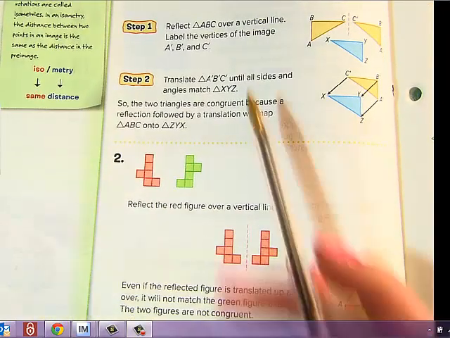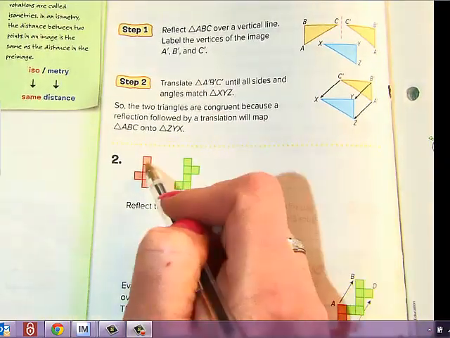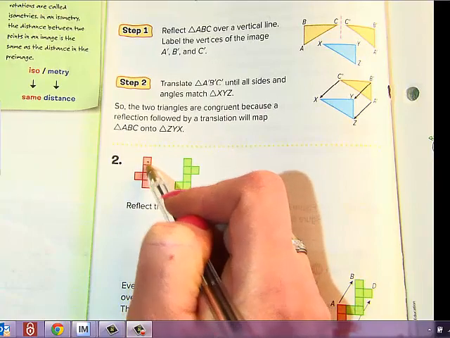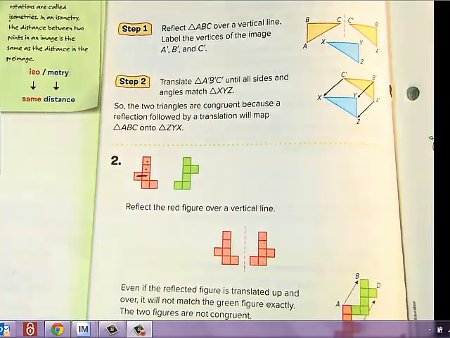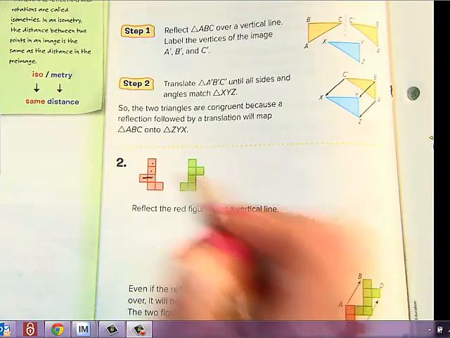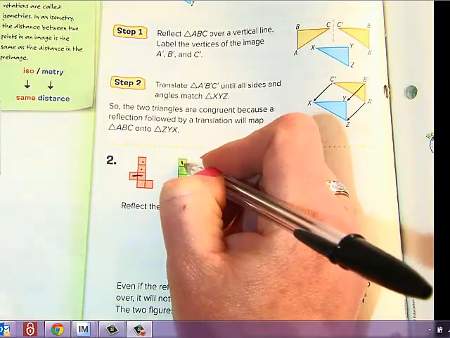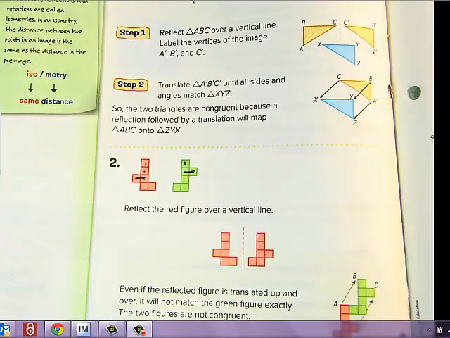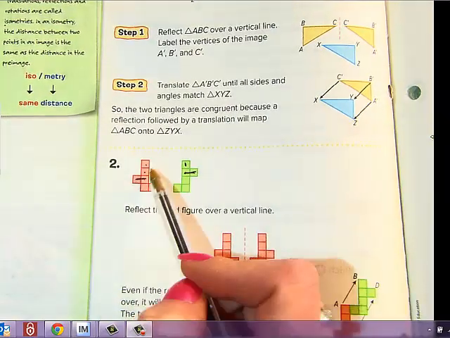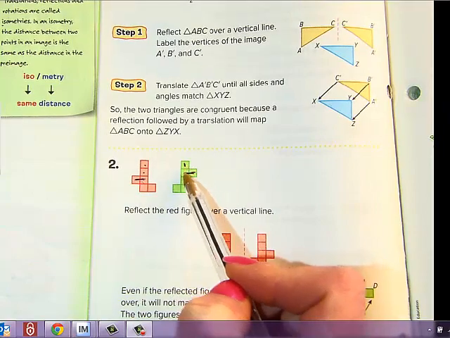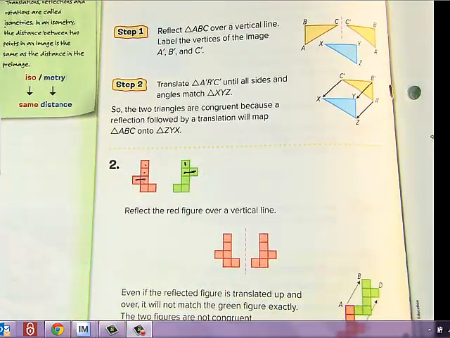Well, if I look at number 2, here I go down 1, 2, 3, and there's my out square, the square that is to the side of it. So let me look here. From the top, I go down 1, 2, and then the square to the side of it. So this one I went down 3. This one I went down 2. So are these shapes identical?